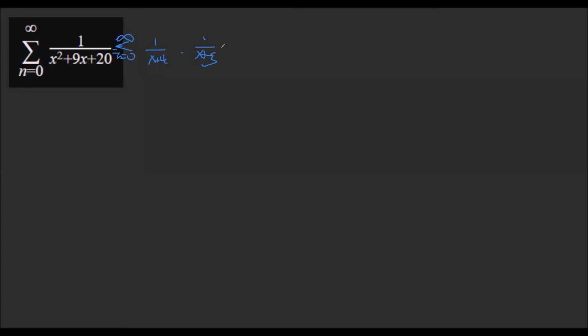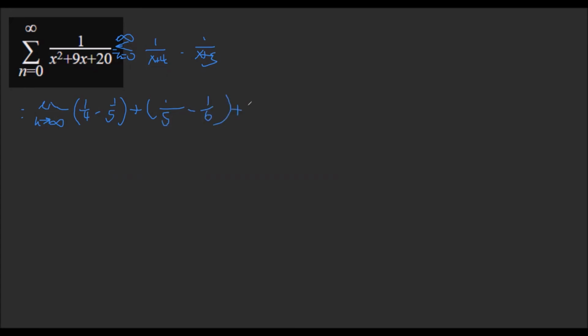So what we have to do now is find some of the first few terms and some of the last few terms. So we're going to take the limit as n approaches infinity of the first term, which is going to be 1 over 4 minus 1 over 5, plus the second term, which is 1 over 5 minus 1 over 6.